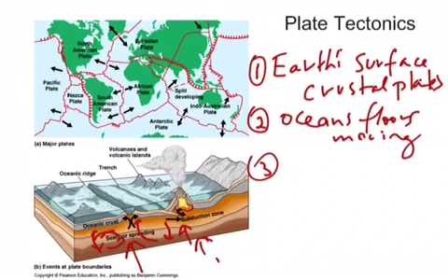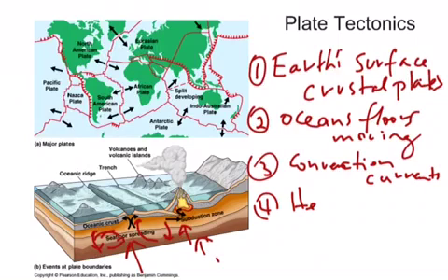And three, there are convection currents that explain the movement of the plates, and fourthly, the heat to drive these convection currents comes from radioactivity deep in the core of the Earth.